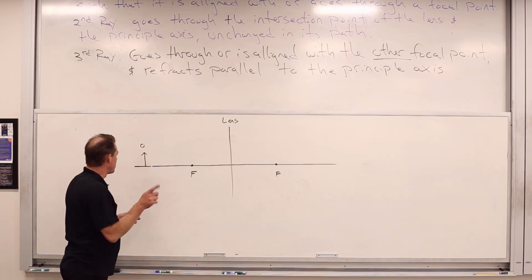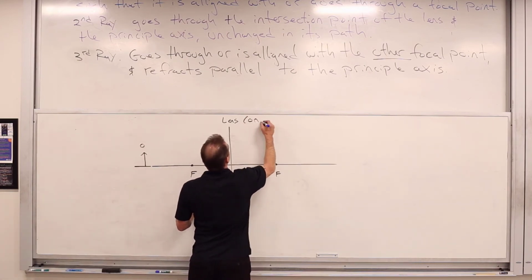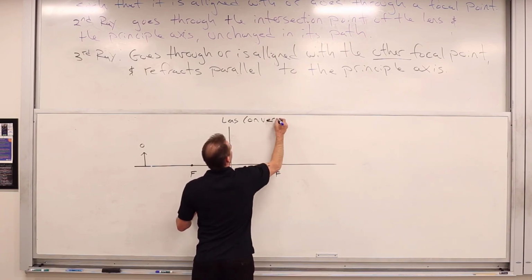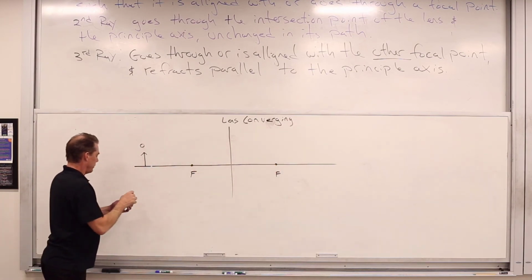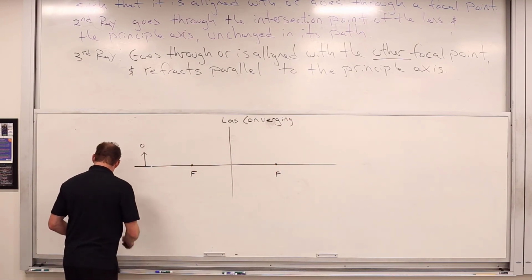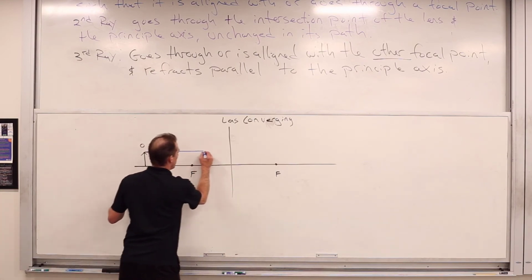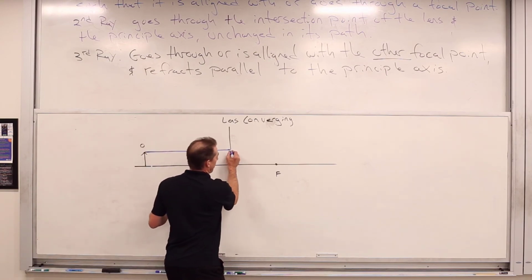So let's consider this to be a converging lens here. Messy. And we'll just look at these. So first ray, parallel to principal axis, reaches the lens and then undergoes its refraction.